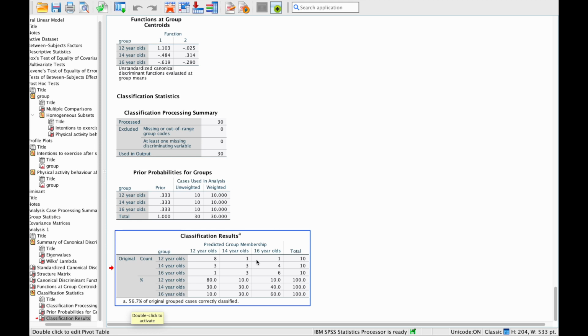It also accurately classified 60% of the 16-year-olds to their actual group. However, for the 14-year-olds, the discriminant functions misclassified 30% to the 12-year-olds group and 40% to the 16-year-olds group. Similarly, for the 16-year-old group, it misclassified 30% to the 14-year-olds group.